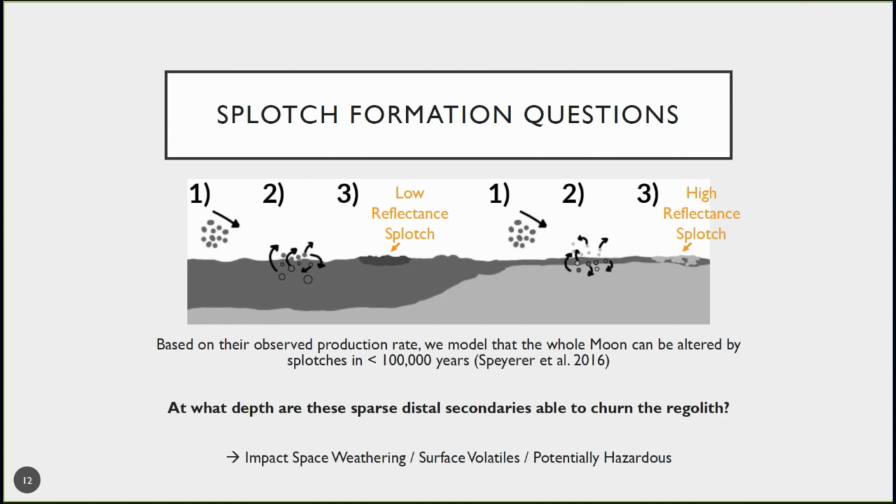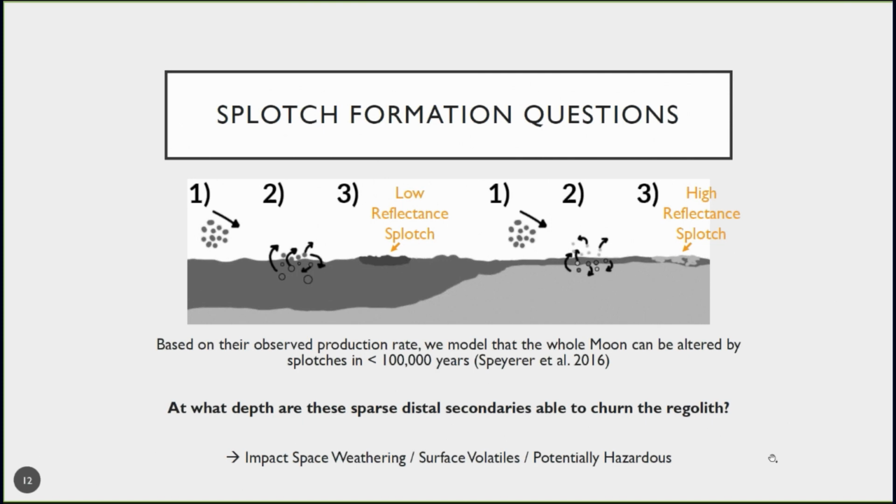But on the right-hand side, you can see an example where the mature layer is really thin, and you're bringing up the brighter immature material, and therefore creating a high reflectance splotch. That's the formation mechanism we're looking at. Based on the coverage I showed you on the previous slide, these can cover the entire moon in less than 100,000 years.